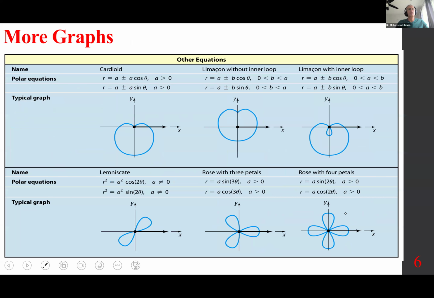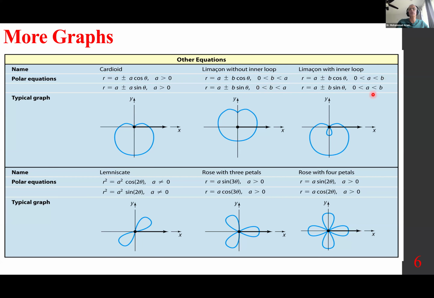Now, if we have r equals a plus or minus a cosine theta or a sine theta, it looks like a cardioid. If it's a plus or minus b cosine theta, depending upon the relationship between a and b, it's a limaçon without an inner loop if a is larger than b.